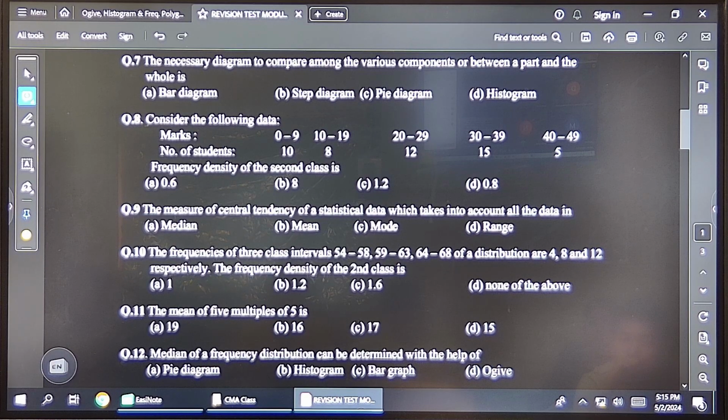I think if you do not know what frequency density is, it's just a wastage of time.